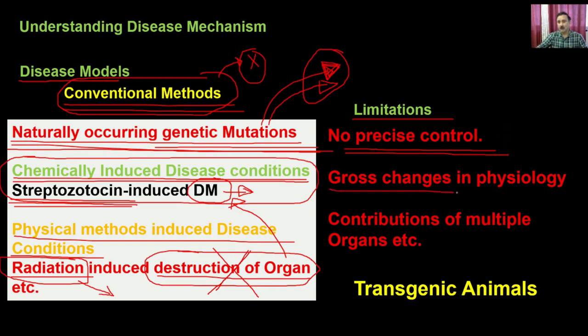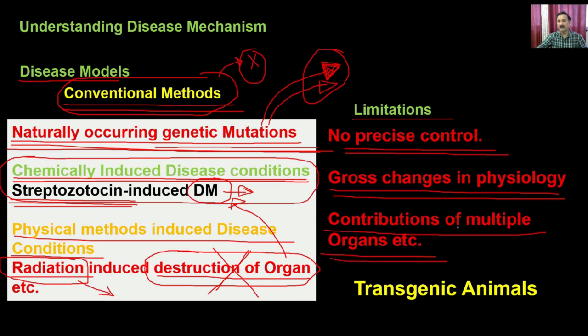Then it also affects gross physiology. It is not only affecting the pancreas, it may also be affecting the liver, the heart, and some other things. And that is what I said in the third point: it is going to contribute to multiple organs, because you don't have any control over your action, because it is not very precise.